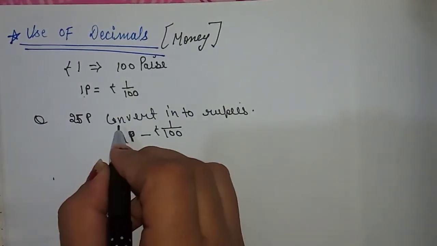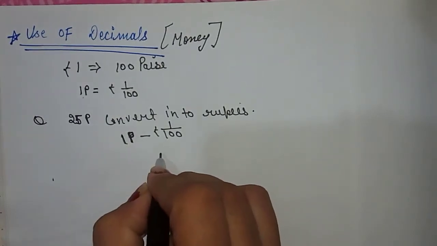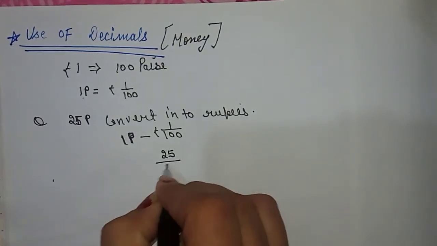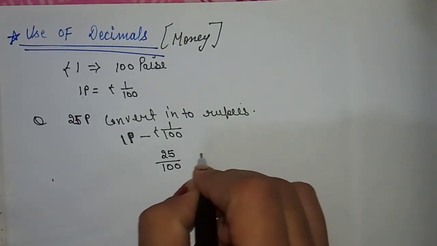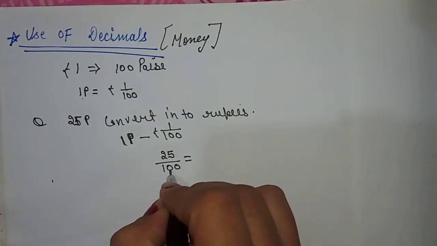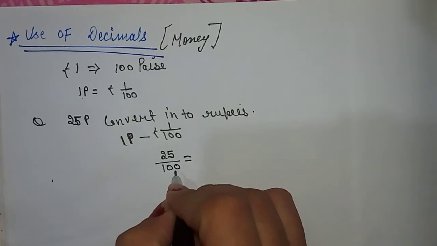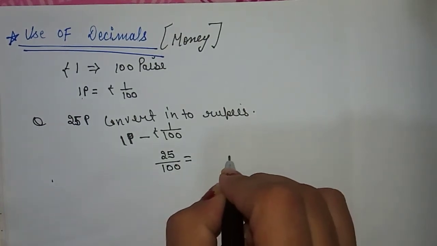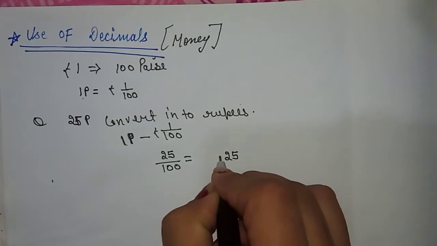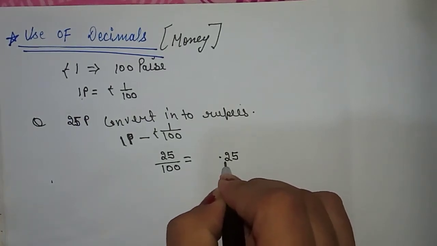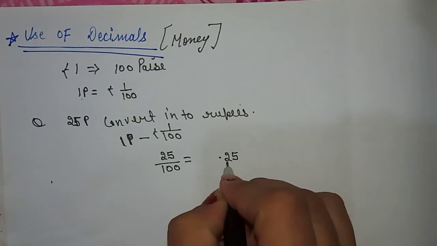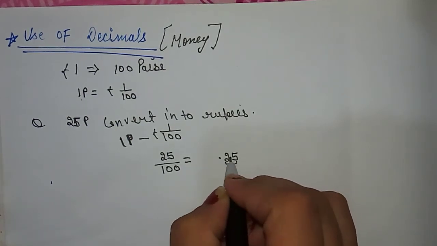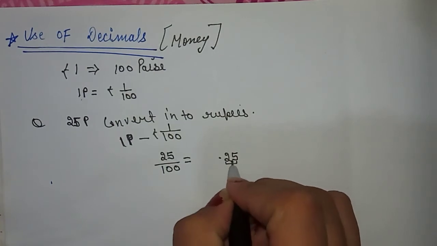So in 25 paisa, we divide this term by 100. We know that if our denominator has 2 zeros, that means 2 decimal places. We have to put the decimal after 2 digits. Sorry, not after, before 2 digits, on the left of the digits.